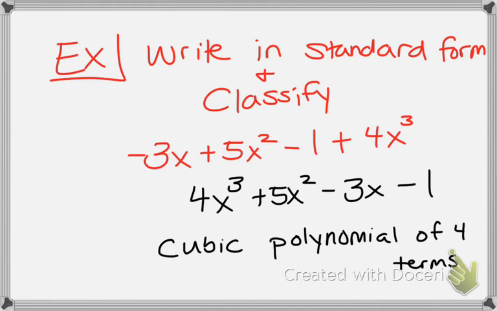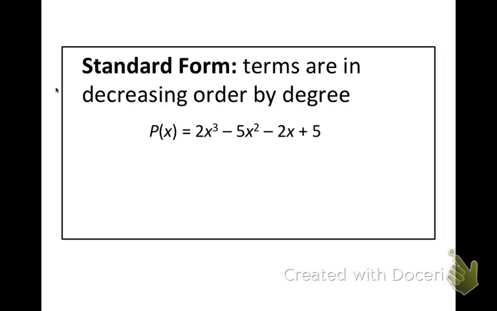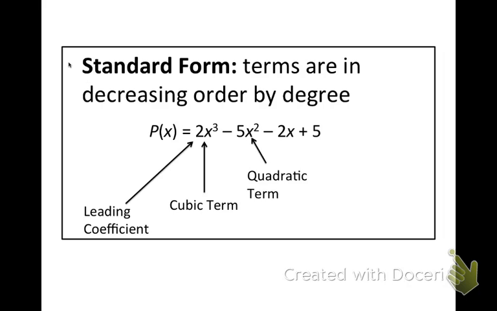Okay? So, for your homework, we got one more thing we have to do yet. You're going to have to be able to write something in standard form. You're going to have to be able to classify. Simple. You'll be able to name it. Make sure you can identify leading coefficients. And the last thing we're going to have to do for homework is adding and subtracting.